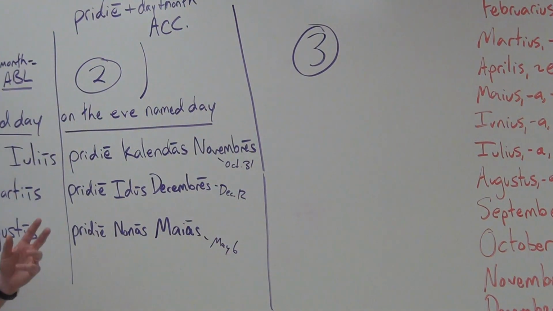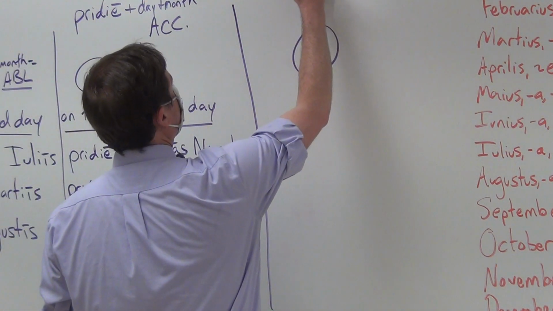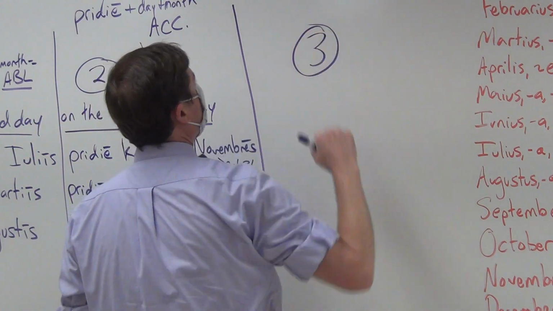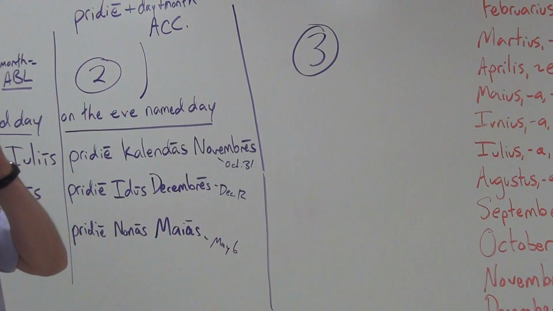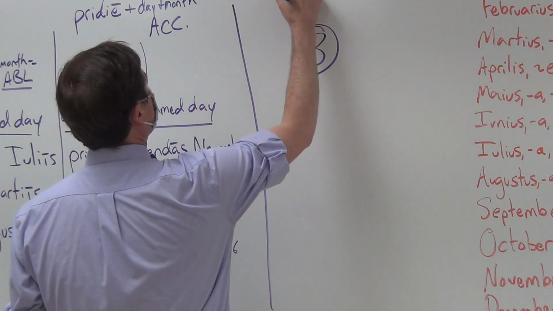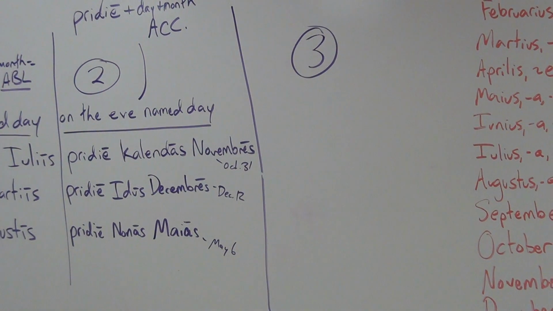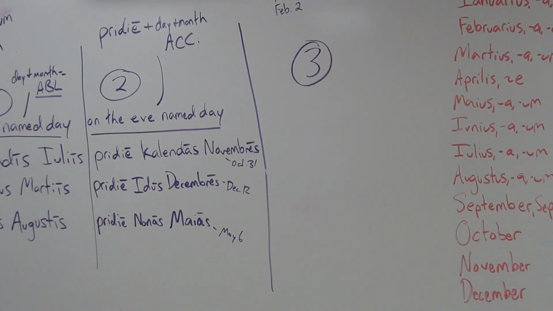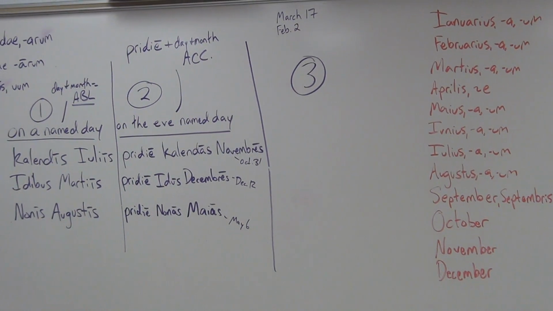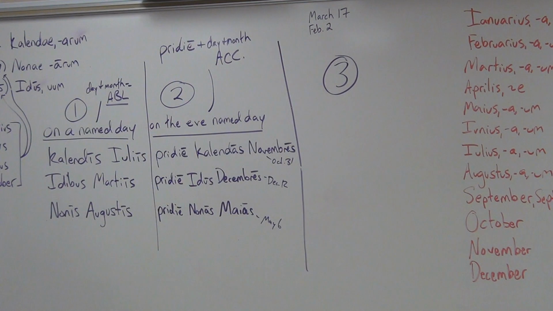Let's come up with some different dates. Let's first come up with today, March 17th. Let's also come up with, I don't know, Groundhog Day, February 2nd. And let's go for a third day. How about July 9th?